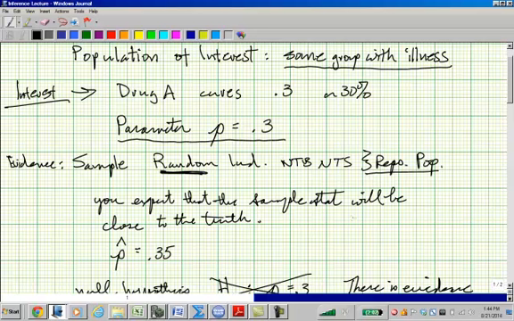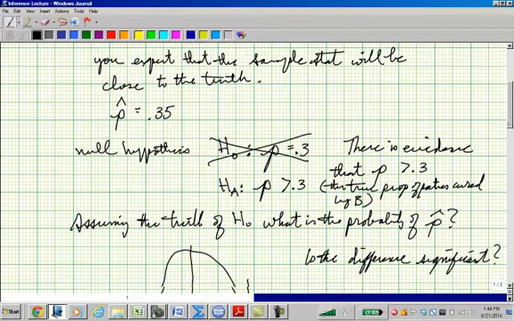We don't expect it to be the truth, but we expect it to be in the vicinity of the truth, a couple of standard deviations or less, in this case to the right, because we're expecting it to be bigger. So we got a p hat of 0.35. Again, I'm just making all this stuff up.